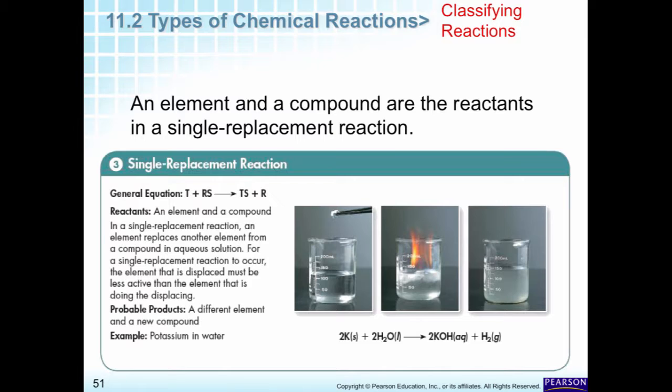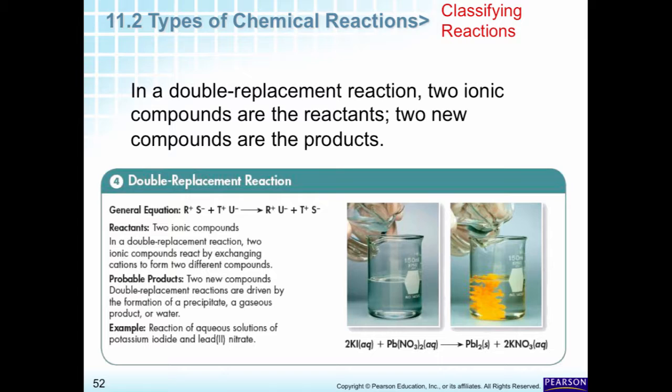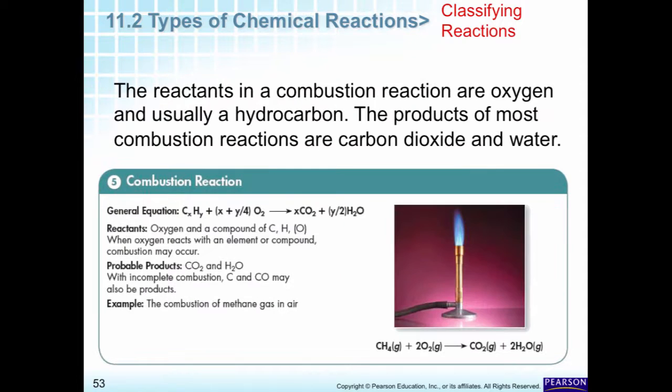If it's less reactive, sorry, you can't cut in. Double replacement. This is your square dancing situation. You got 4 partners. You're going to switch partners. Only happens if you get a new substance, though. So 2 of the partners have to come out of solution. They have to go get their coffee break.